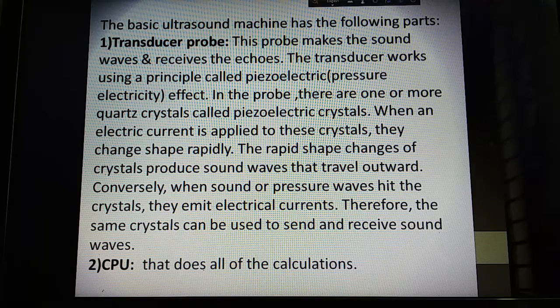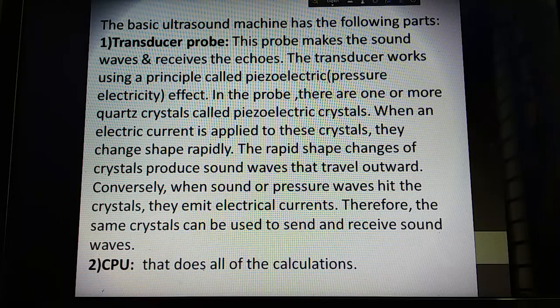The transducer works using a principle called the piezoelectric effect. Piezoelectric means the pressure electricity effect. In the probe, there are one or more quartz crystals called piezoelectric crystals. When an electric current is applied to these crystals, they change their shape very rapidly.